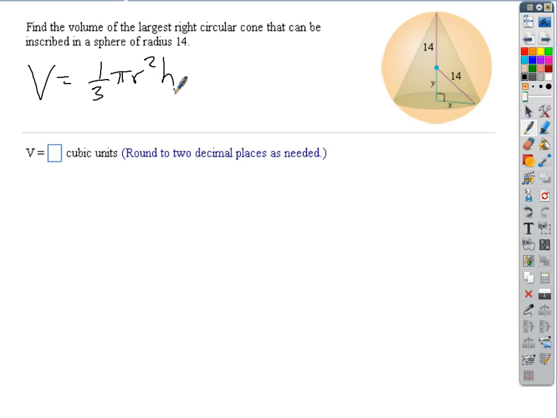Now, what's the height? y plus 14. Okay, good. So our formula would become V equals pi over 3 times x squared times y plus 14, right?